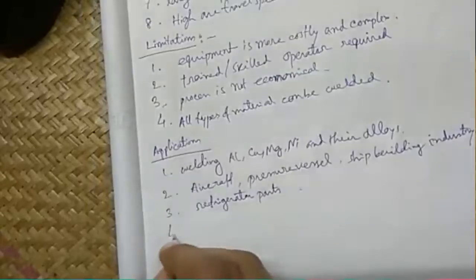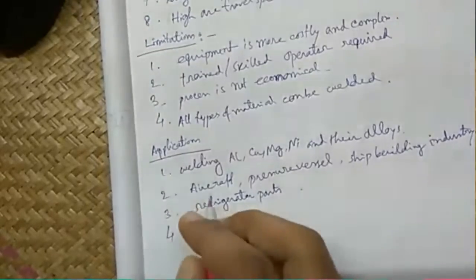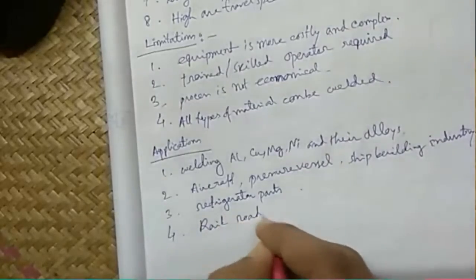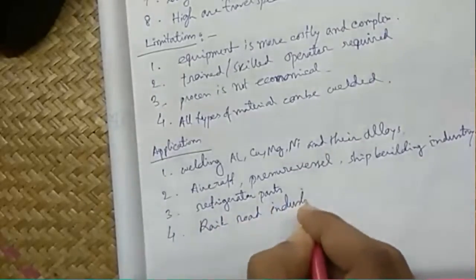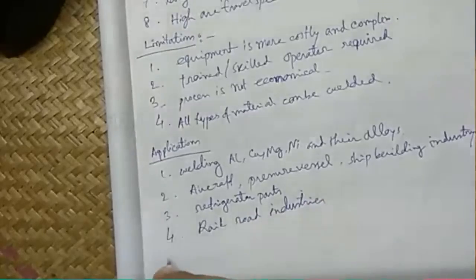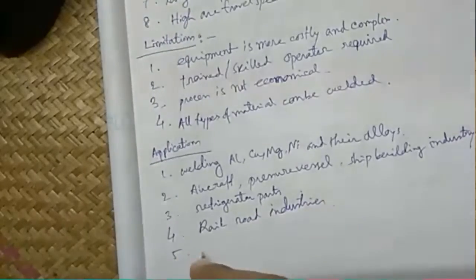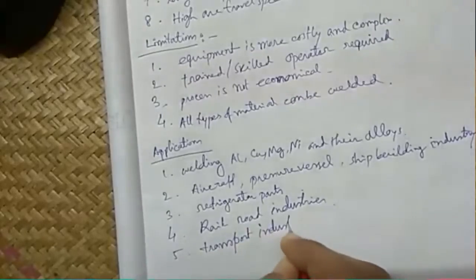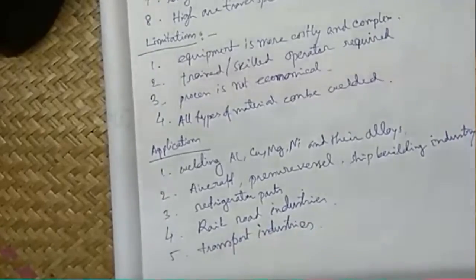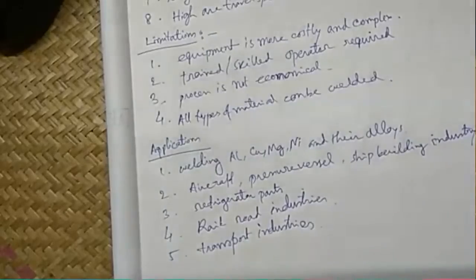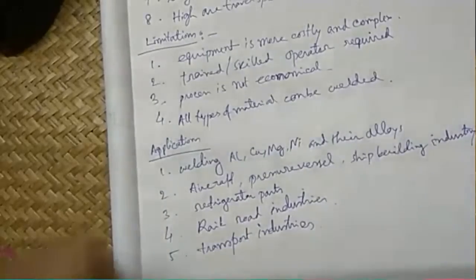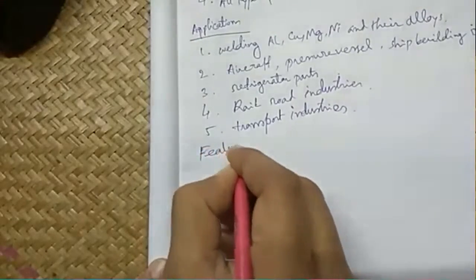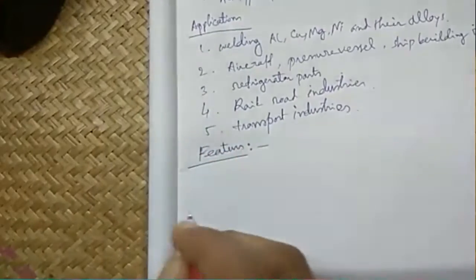Number 4, railroad industries, and 5, in transport industries also. These are used. This MIG is used. So what are the features that can be seen in MIG?